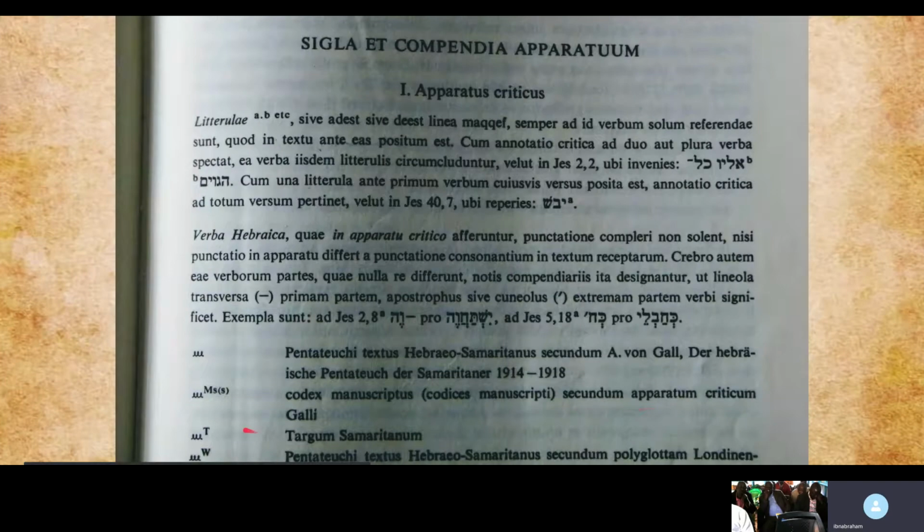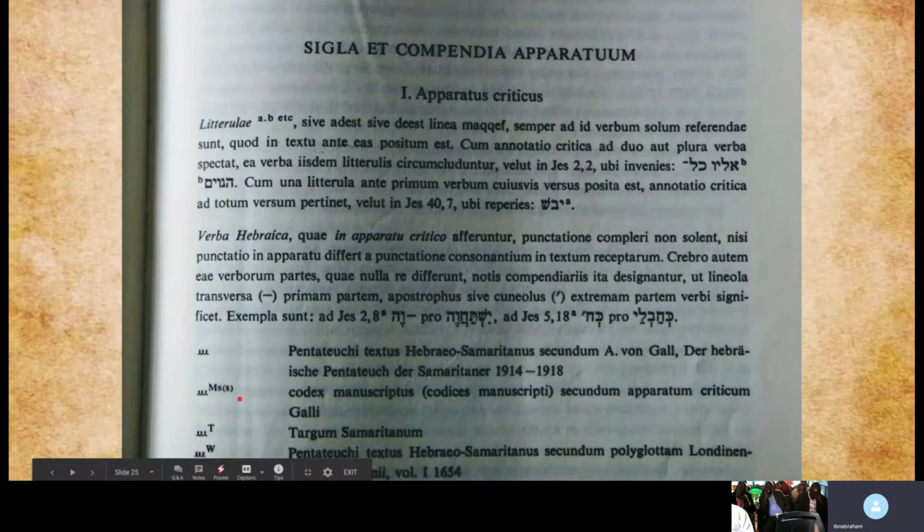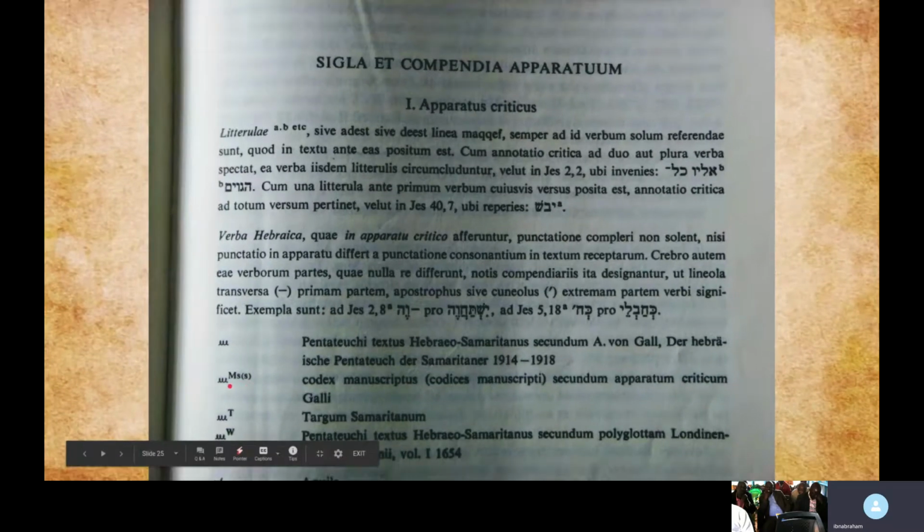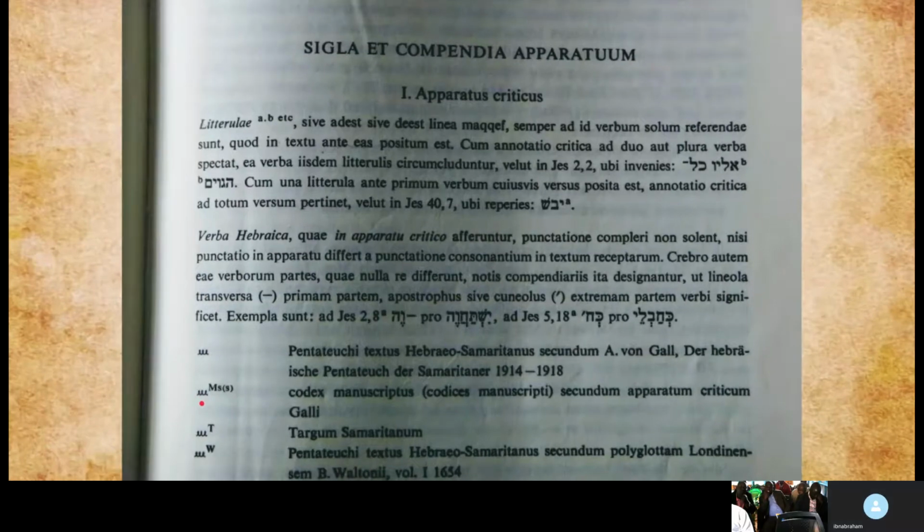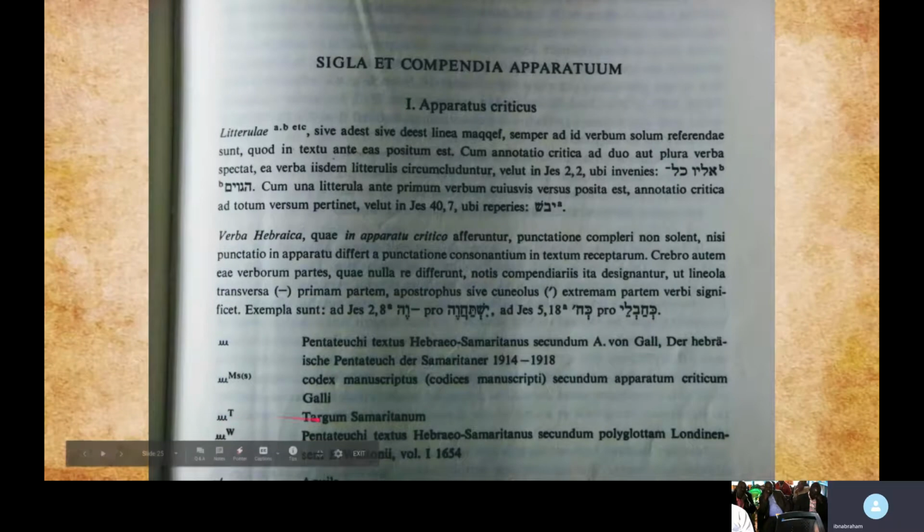So this is the Galatian or the French, held in a French library. If you've got the Samaritan mark and it has a T, it means that it's a Targum of the Samaritan text. A Targum is an Aramaic translation. So this is an example of how to read the different abbreviations found in this compendium of abbreviations.